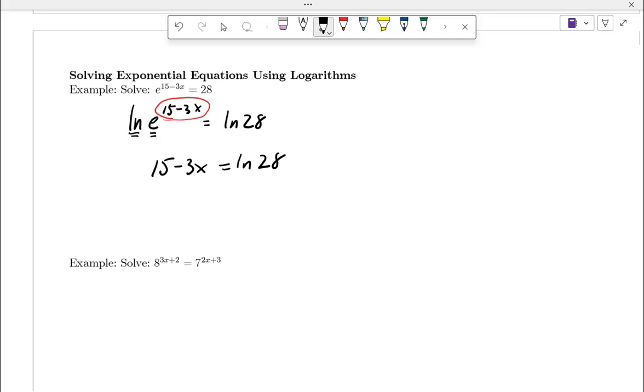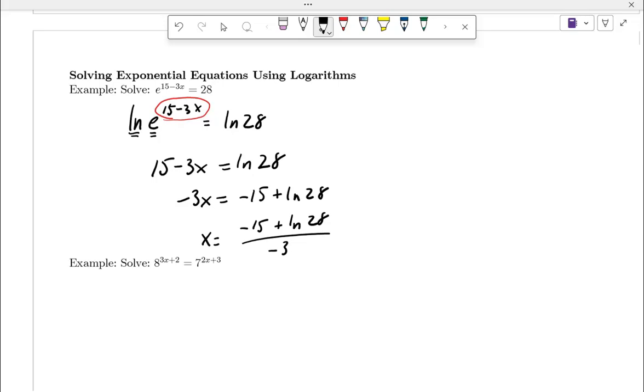You can get a decimal approximation for the log of 28 if you wanted to, but right now I can just subtract 15 from both sides and divide by -3. And that gives me a just fine answer.